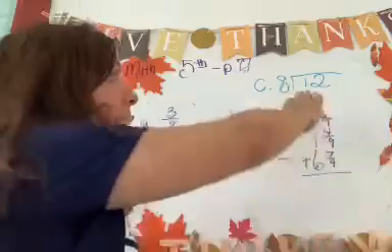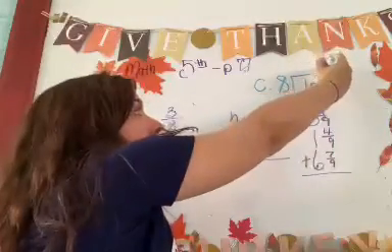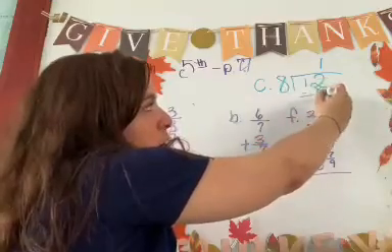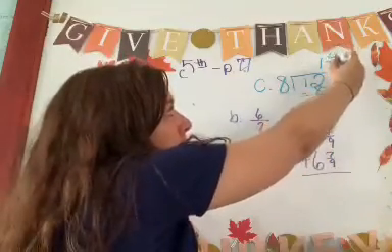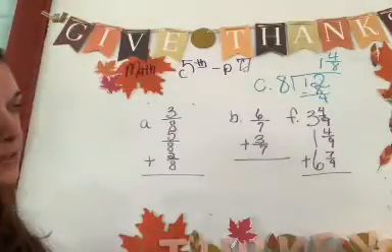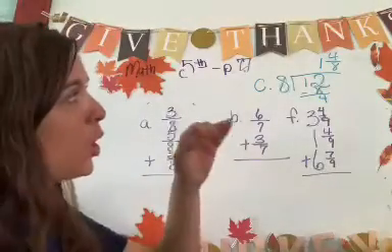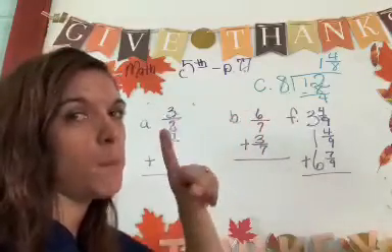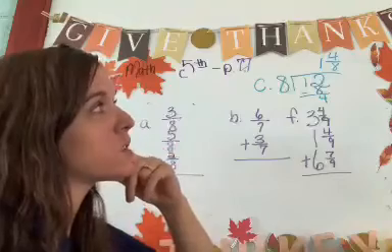Okay, look, we put 8 into 12 one time. 1 times 8 is 8. 12 minus 8 is 4, and then 4 over 8. Now, who can yell at the screen and tell me what is wrong with this answer? We have to do one more paso to this answer. Does anybody know what it is?